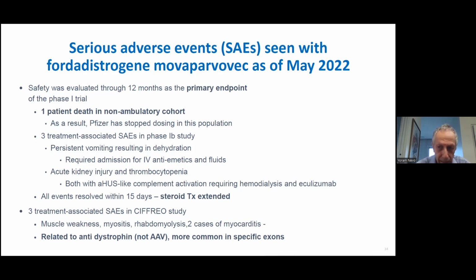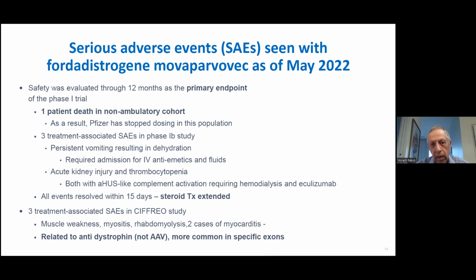The response to that was, after convening an expert panel, they decided that patients with deletions near the N and C terminals will not be treated with gene therapy.